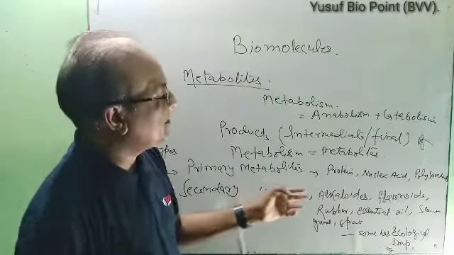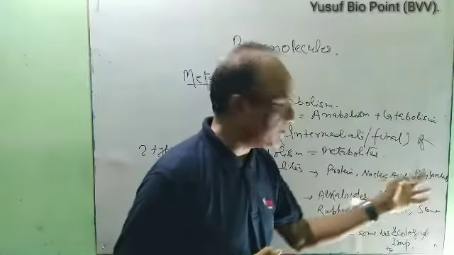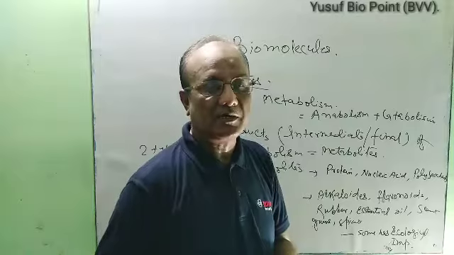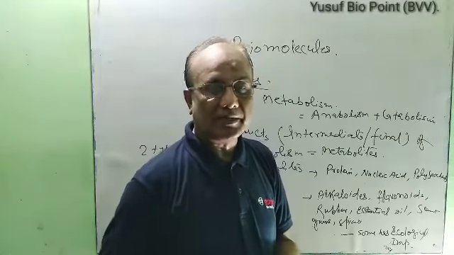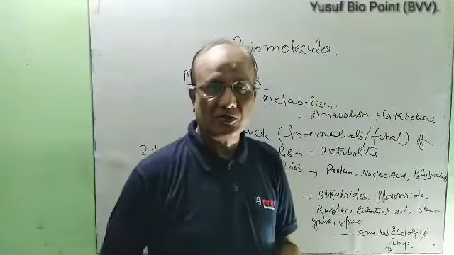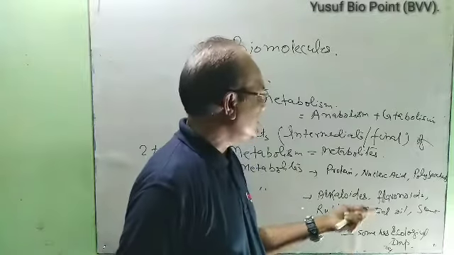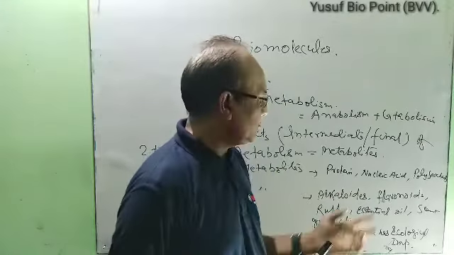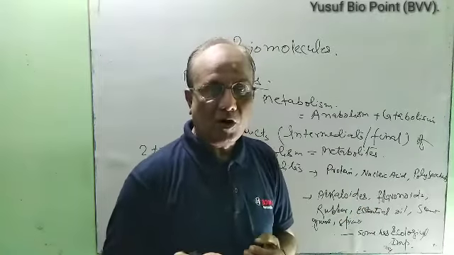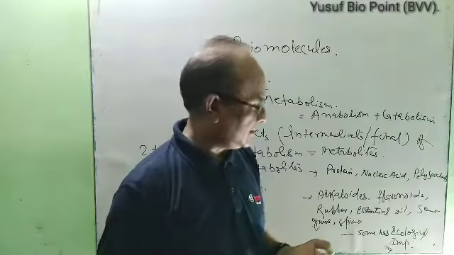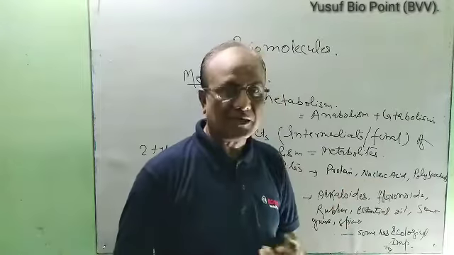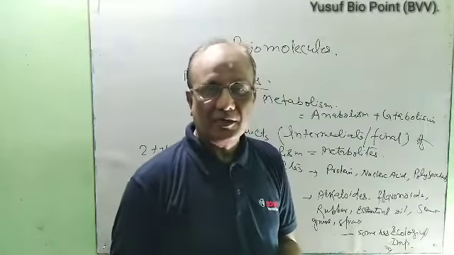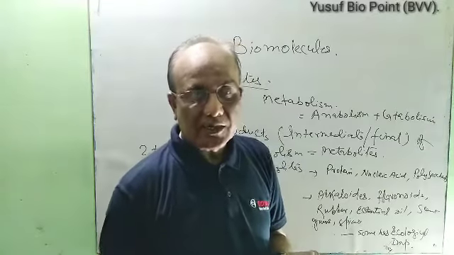In the primary metabolites are the protein, nucleic acid, polysaccharides, all the constituents which we have studied in the last table, such as hydrogen, nitrogen, oxygen. They are all directly related to the growth and development of the living. Protein is for the development of cell membrane and cells. Nucleic acid is the genetic material, and polysaccharides give energy or strength.